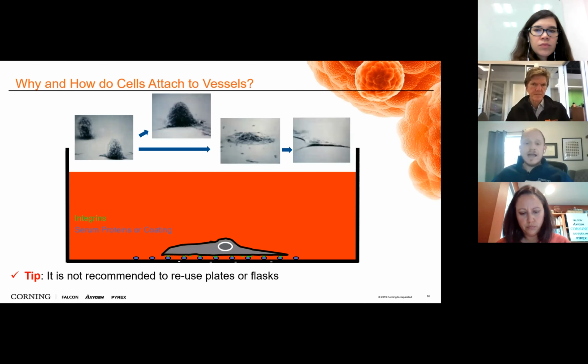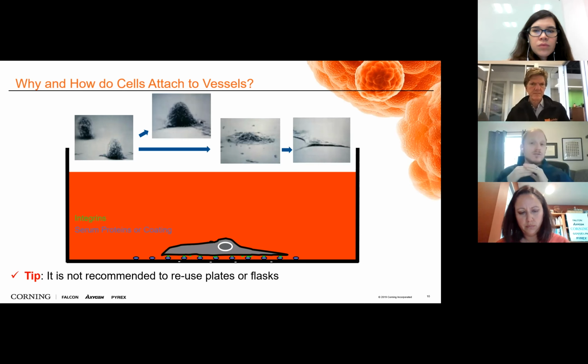Now, many people ask, can I reuse my tissue culture vessels? And besides the fact that you're risking the possibility of introducing contamination into your next experiment, it's not recommended to reuse them because it's very difficult to effectively clean off the proteins that have coated the surface of that vessel.